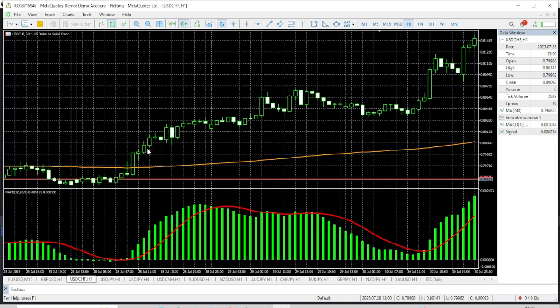So we have 1, 2, 3, 4 candlesticks. These are the 4 candlesticks that form above the EMA 240. Yes, inside the box we have the 4 candlesticks.